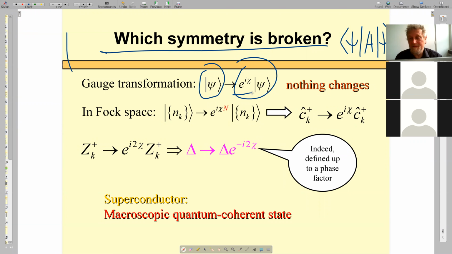And if we look at how operators are transformed under this symmetry transformation, well, they just acquire a factor. Again, usually each C dagger comes with a C, and this doesn't change anything in the Hamiltonian of the system.